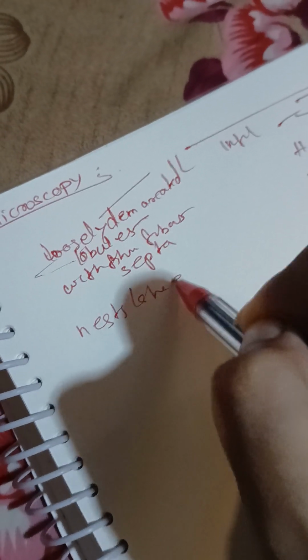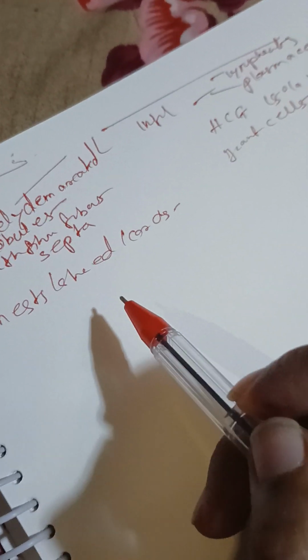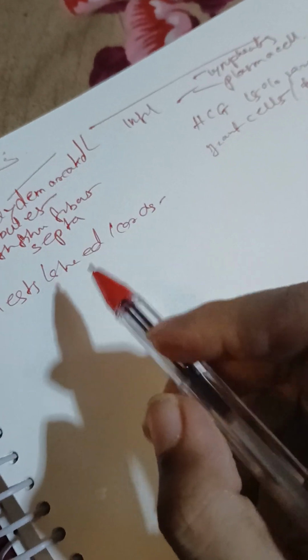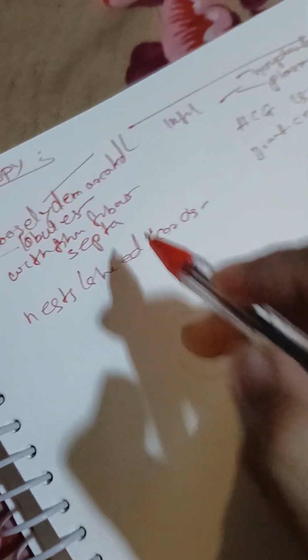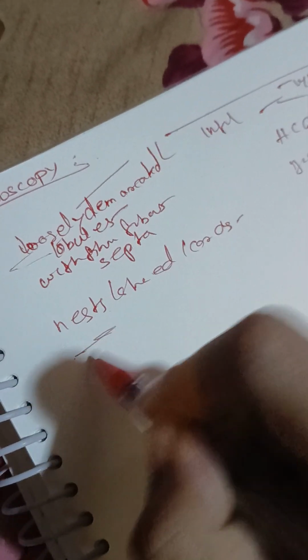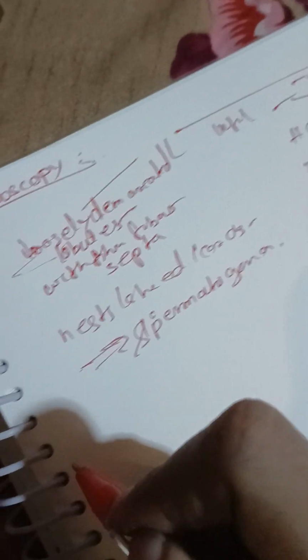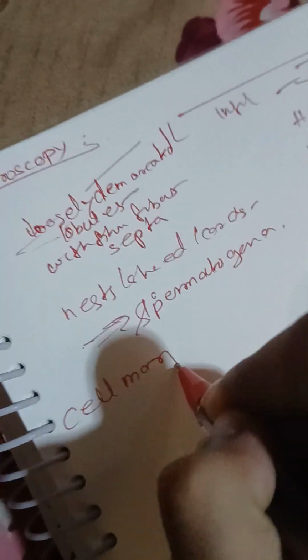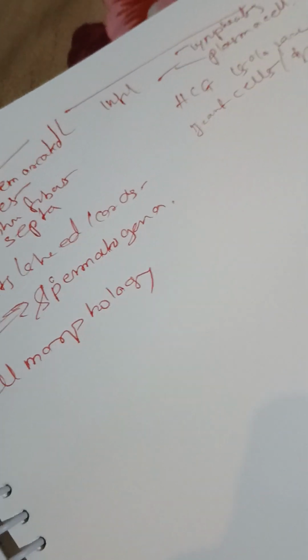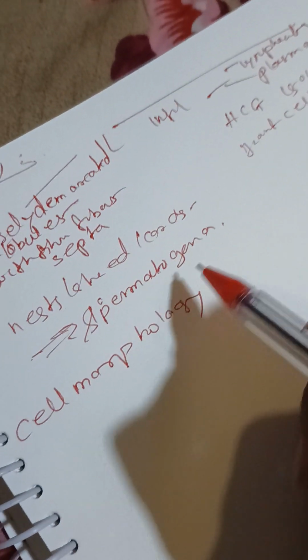Talking about the pattern, the seminoma tumor cells are arranged in the form of nests, sheets or cords, and they have a uniform population of tumor cells. Classic seminoma basically resembles spermatogonia; a single tumor cell resembles a primary spermatogonium. This is very important. Now the cell morphology.